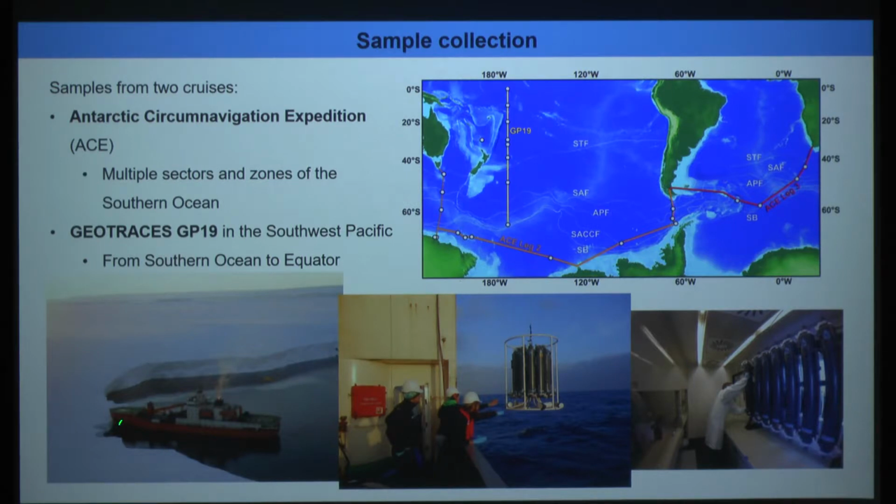Obviously you're on a big rusty ship, so sampling is not trivial, and that's one of the main reasons why trace metals have only been done in, well, the last 40 years or something, because before you just pretty much sampled either your equipment or the ship. But it has become a lot more standardized, mostly thanks to the GEOTRACES program, and yeah, you can do pretty nice things now with it.